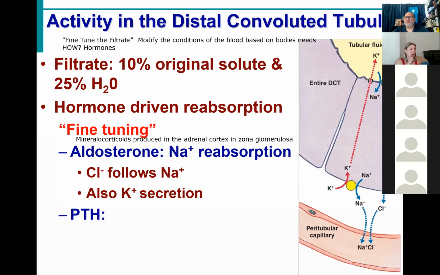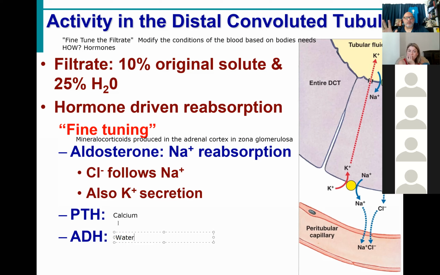Parathyroid hormone tells the kidneys to hold on to what again? Calcium. Calcium, excellent. Antidiuretic hormone we already talked about is the fine tuning of water. So we've talked about lots of examples of hormones that tell the kidney to either hold on to or let go.